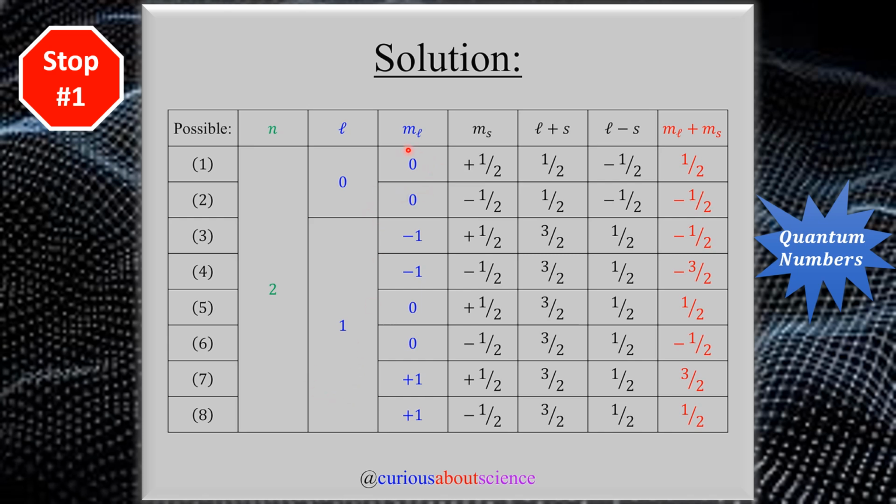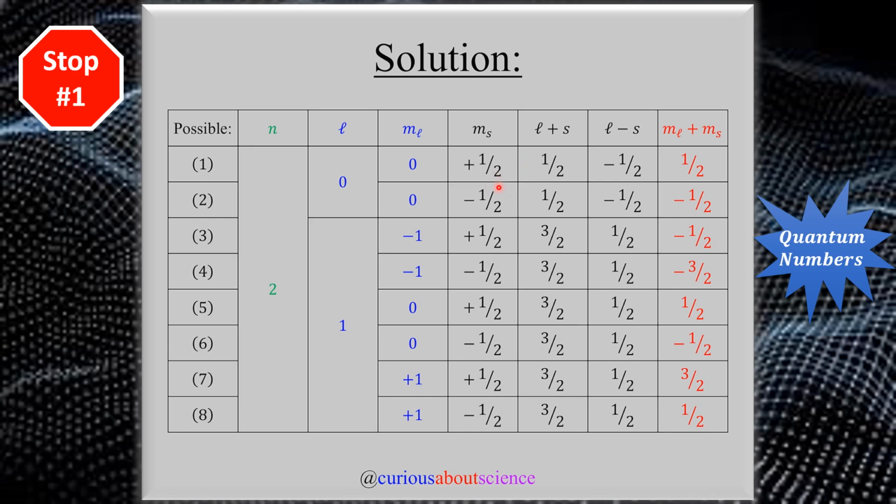And then for each of these, we have m sub L, the magnetic number. Okay, so remember that m sub L can be from minus L to plus L in integer steps. So for 0, we have just 0, okay? For 1, we have -1, 0, and +1. That's our set of numbers.